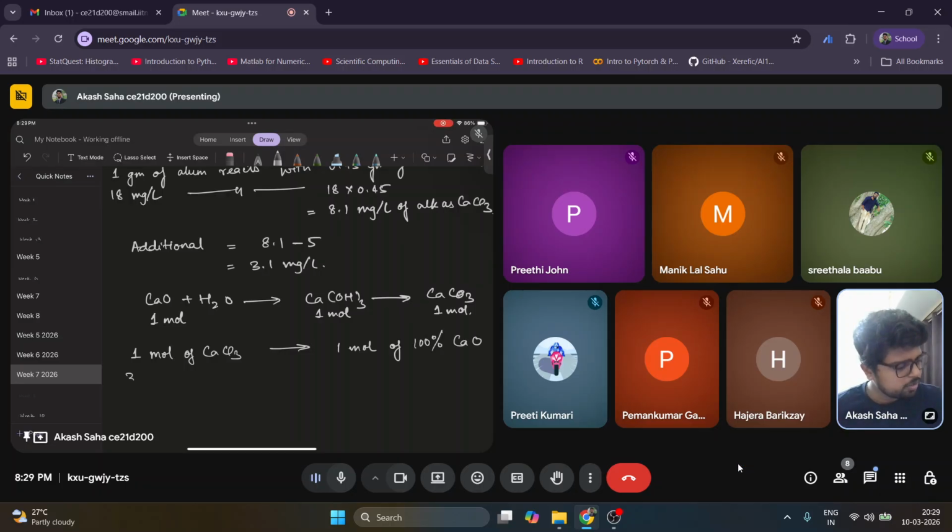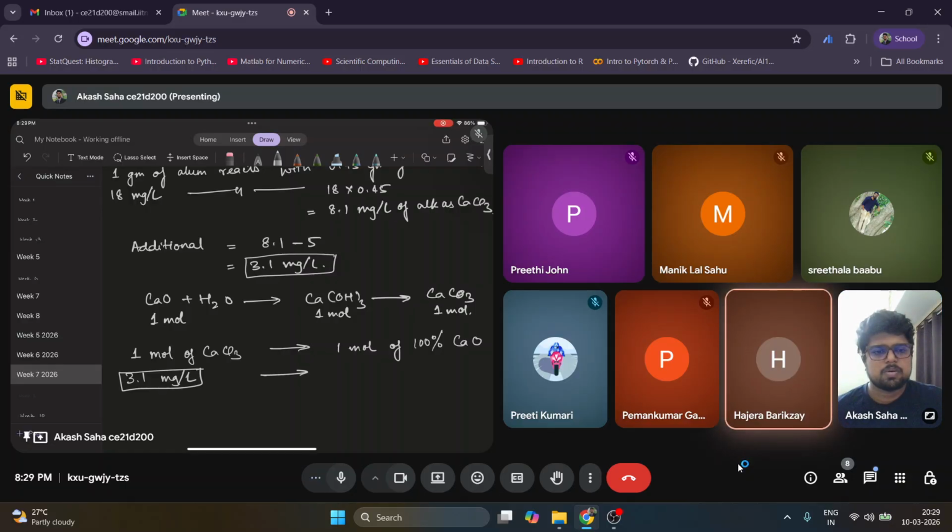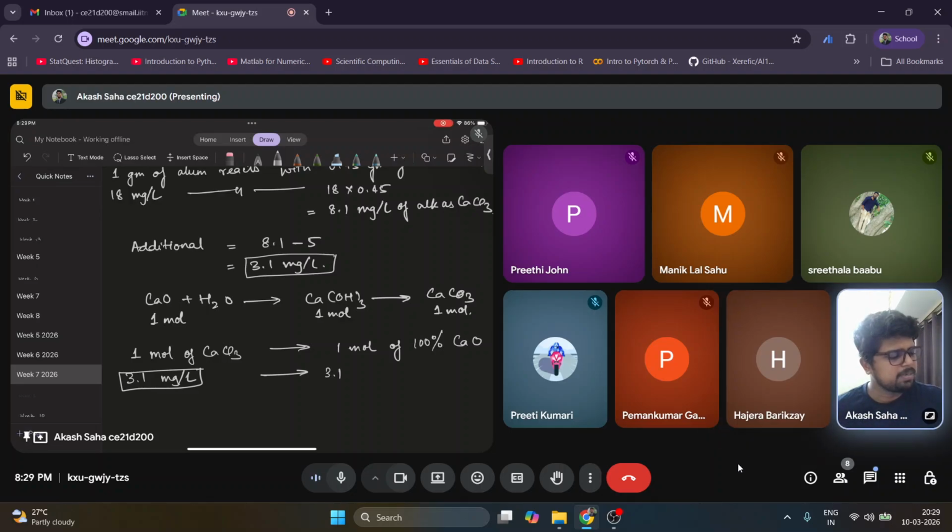So for 3.1 milligram per liter of CaCO3, how much CaO is required? How do we calculate this? We can multiply by 3.1, but it is still in milligram per liter, and the other thing is in mole.